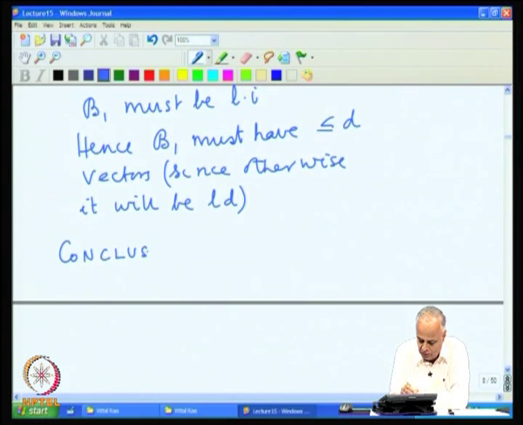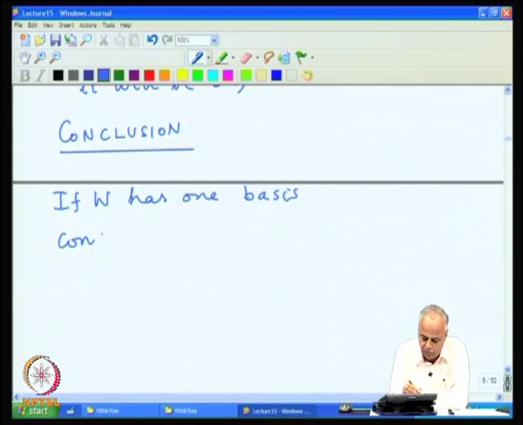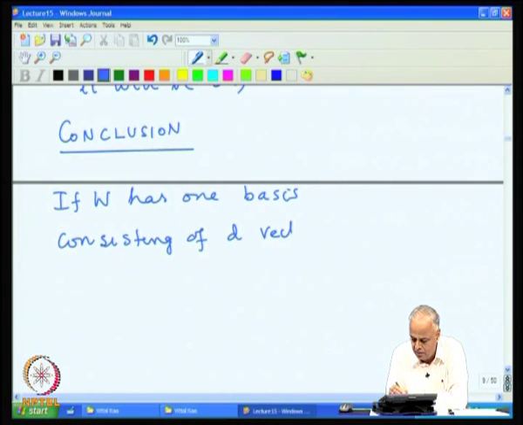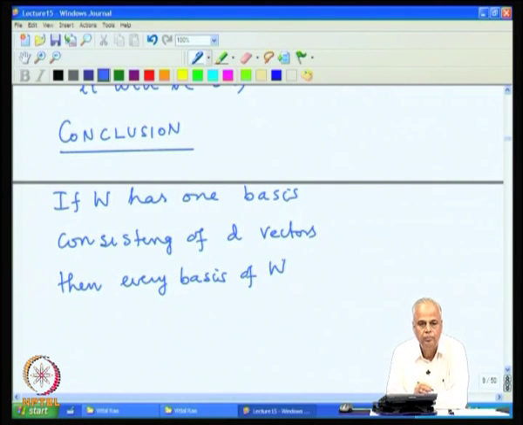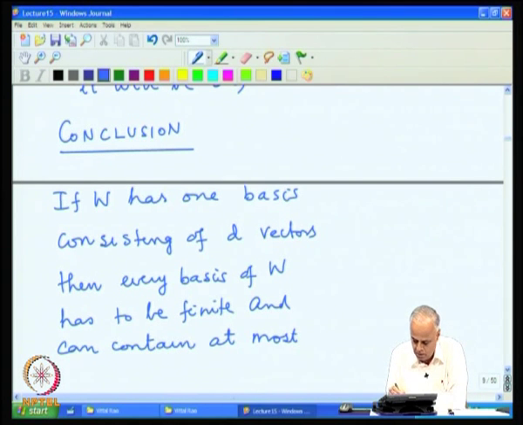The conclusion is, if W has one basis consisting of D vectors, then every basis of W has to be finite and can contain at most D vectors.